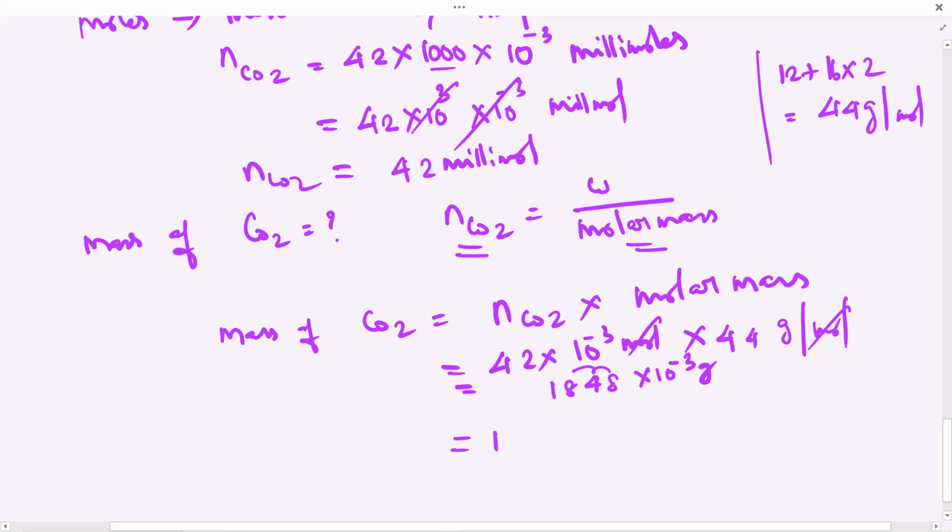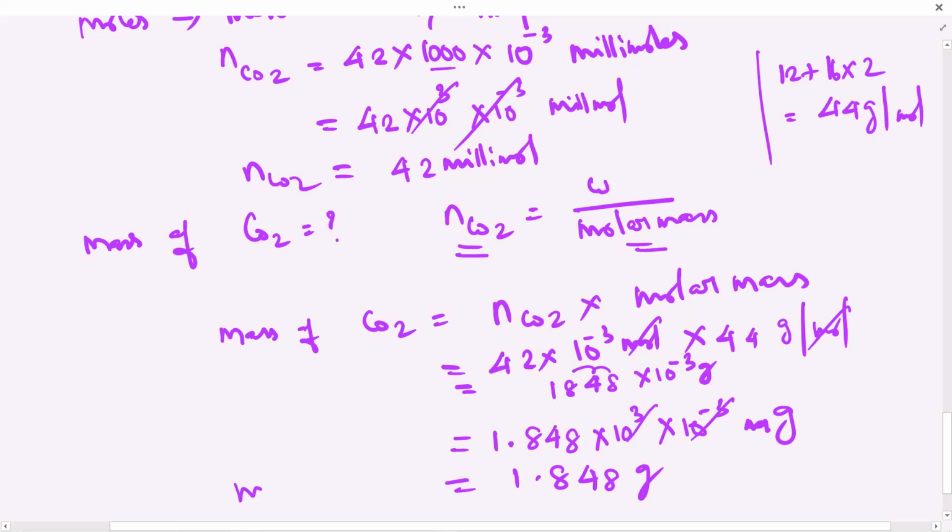So this can be written as 1.848 into 10 to the power of 3, for shifting the decimal, into 10 to the power of minus 3 gram. So these two get cancelled. We can write 1.848 gram. So this is the mass of CO2, right? Mass of CO2. So this is the final answer here.